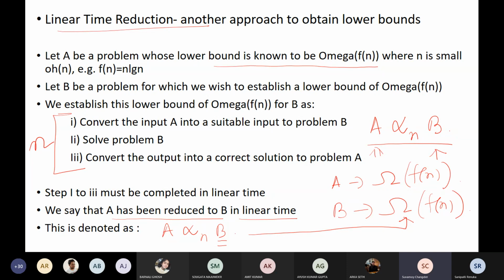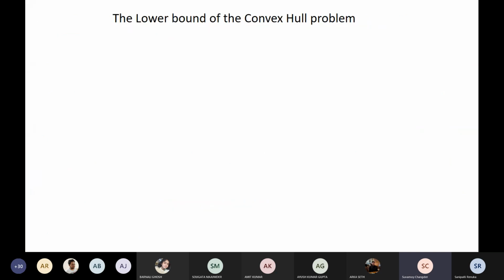Let us go for one example, and I think that then your concept will be a little bit clear. So let us find the lower bound of the convex hull problem. I don't know how many of you have the idea of convex hull. If you have the idea, then it is fine. But still, let us go for recapitulation. Today, it is in your syllabus to find the lower bound for the convex hull problem.